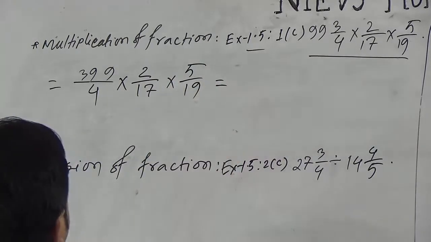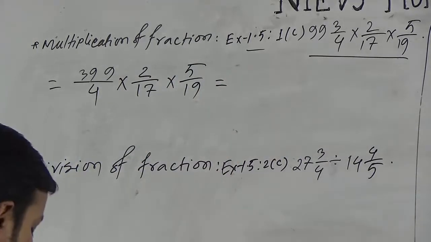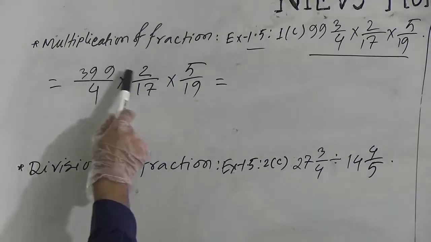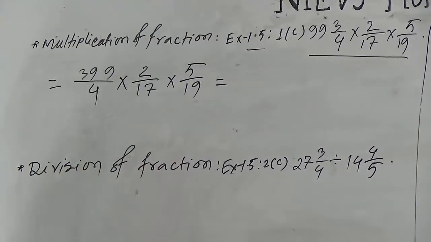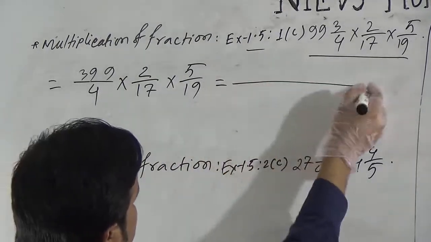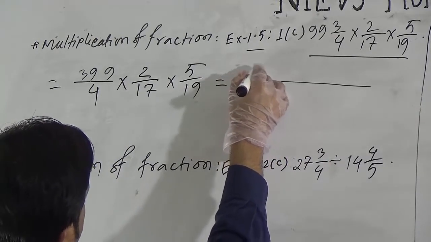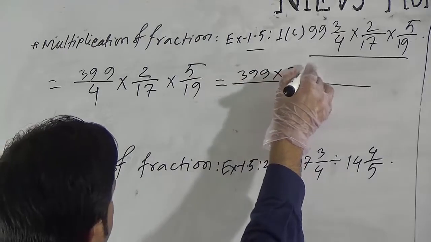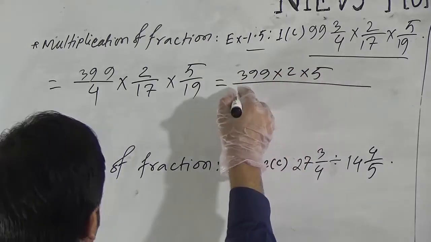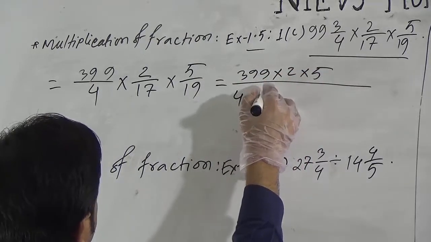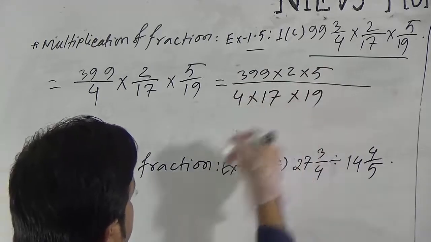Now our formula is the product of numerators and the product of denominators. So we will write here the product of numerators, 39 multiply by 2 multiply by 5, and the product of denominators are 4 multiply by 17 multiply by 19.